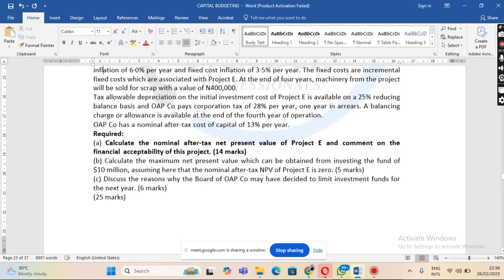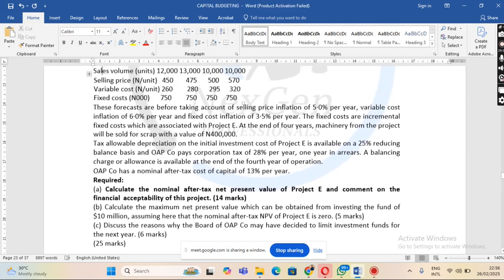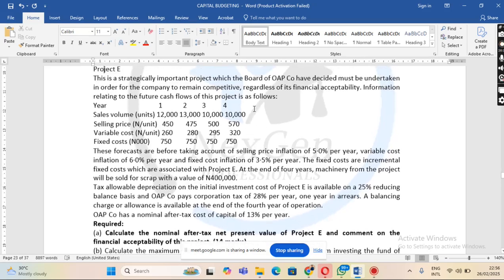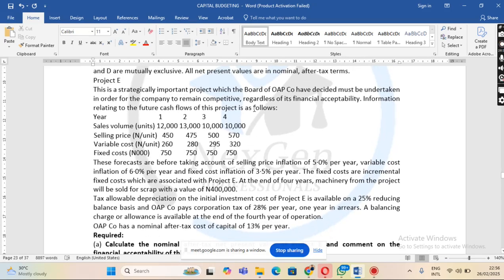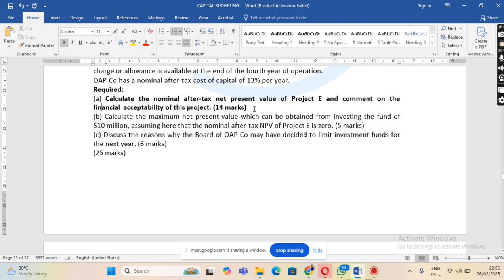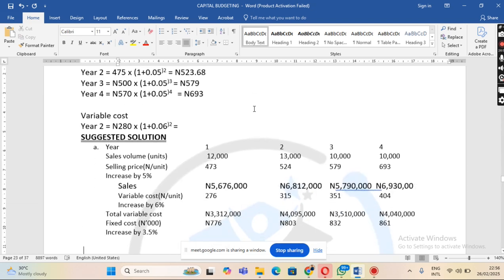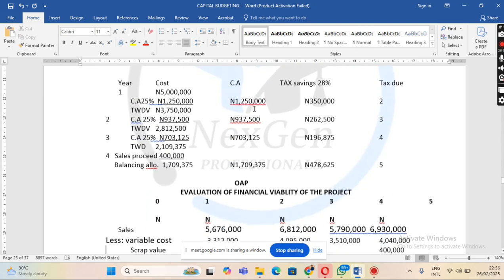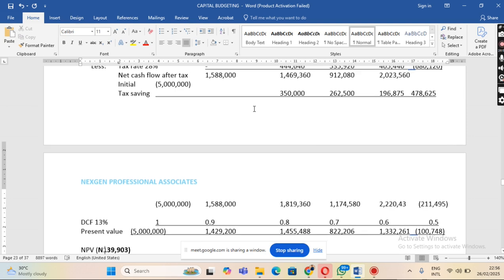From the board, they say it's strategically important and must be undertaken, but at the same time, the NPV of project E is 0. So how do we undertake that when the NPV is 0? But at the same time, they say it's strategic.